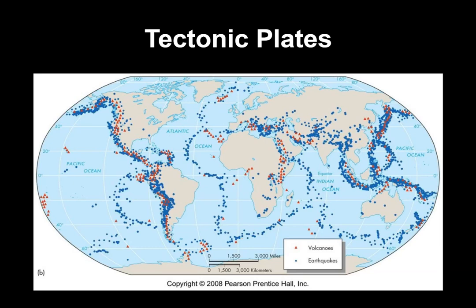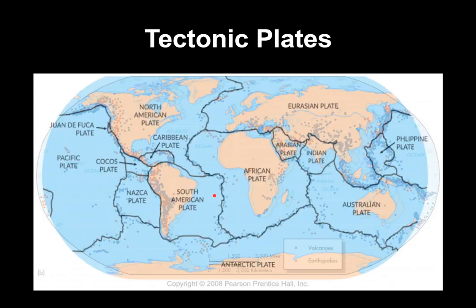This map shows us that volcanoes and earthquakes are not randomly scattered across the surface of the Earth, but instead follow sinuous paths. It turns out these paths trace the edges of the Earth's tectonic plates. The lithosphere of the Earth is not continuous, but broken into fragments that float on the asthenosphere below.